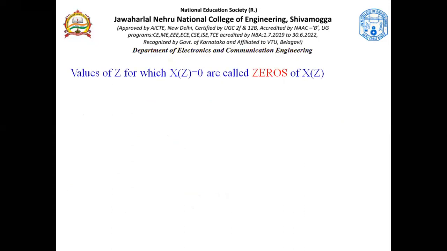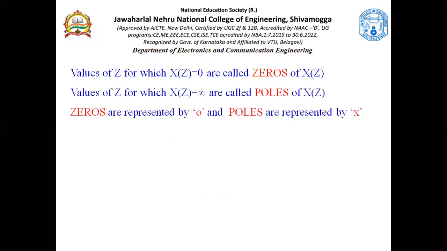Okay, now if you have to understand the sketch, understanding this would become very easy. Just make this slide very clear to you now, because this is something that will help you plot that graph of ROC.